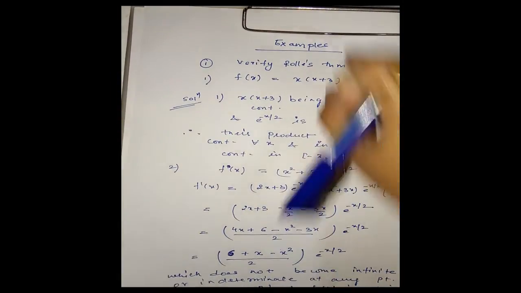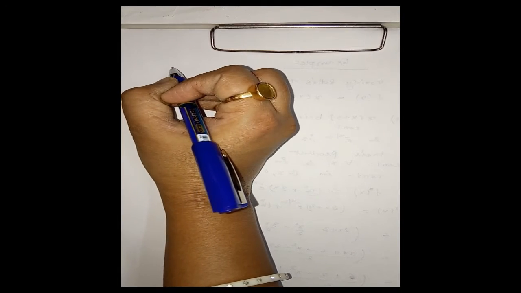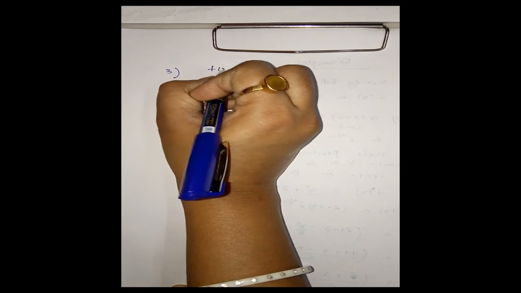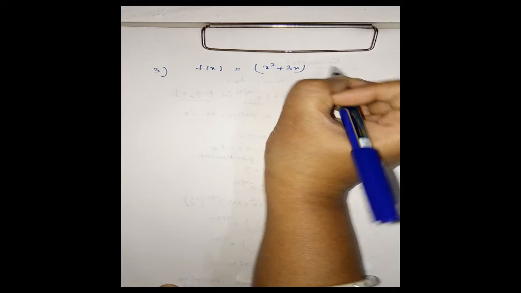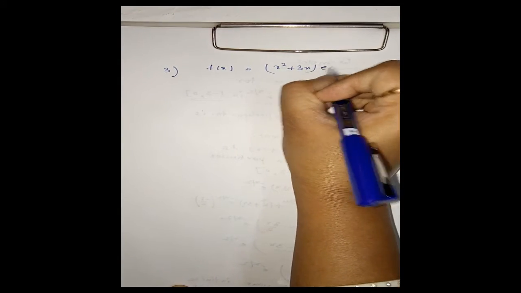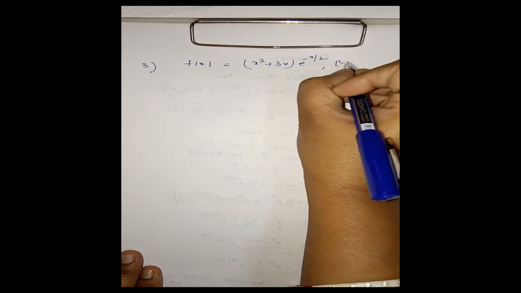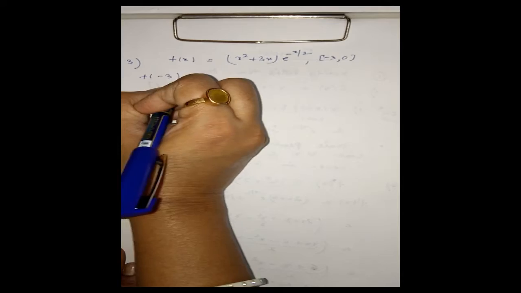Now third is f of a is equal to f of b, and here a is minus 3 and b is 0. Now f(x) is (x square plus 3x) e to the power minus x by 2, and the interval is [minus 3, 0].